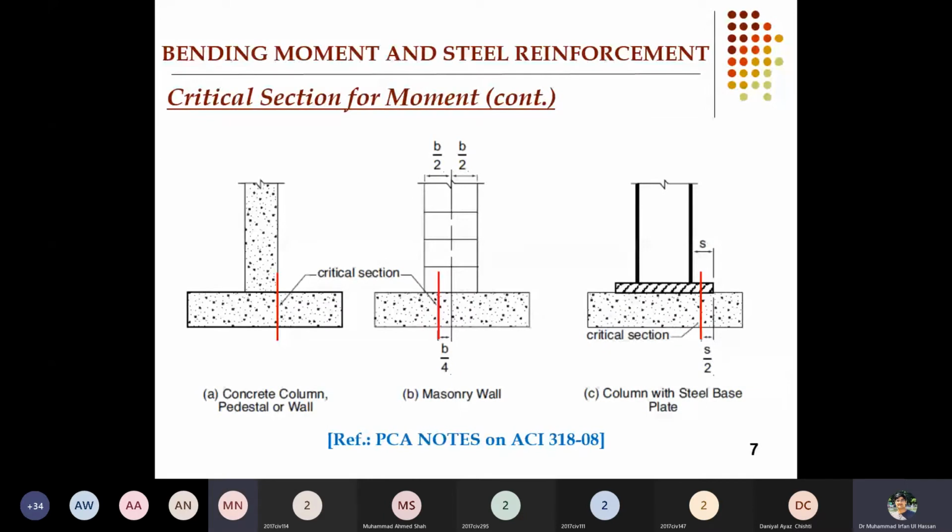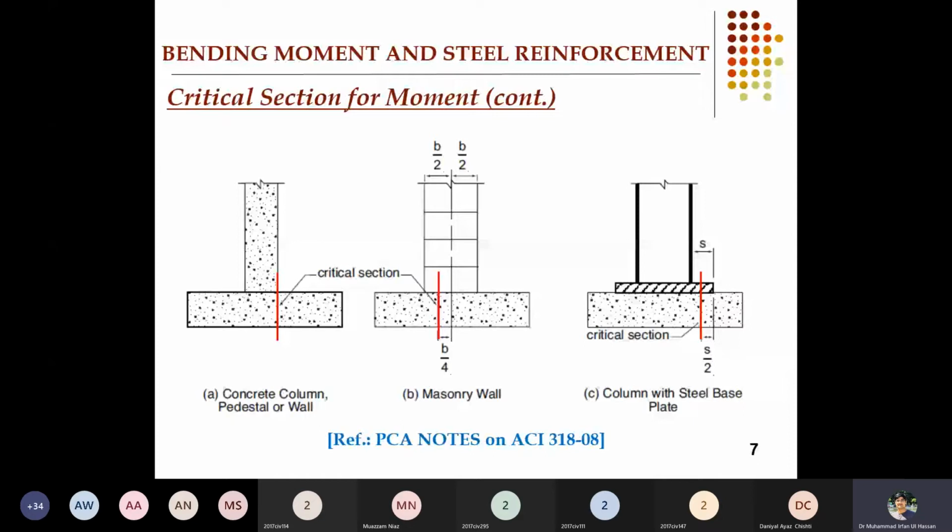Sir, what is the benefit of providing an RCC pad? Definitely your PCC cannot sustain heavy loading, it can crack. When the bearing strength of the concrete provided under the wall is not capable or is lesser than the total wall load, then you have to make the RCC pad, because an RCC pad behaves like a rigid foundation.